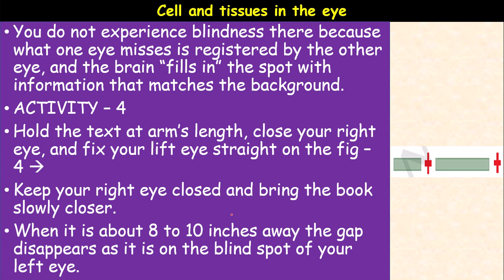When it is about 8 to 10 inches away, the gap disappears as it is on the blind spot of your left eye. So it disappears because you feel that there is nothing, because of the blind spot of your left eye.